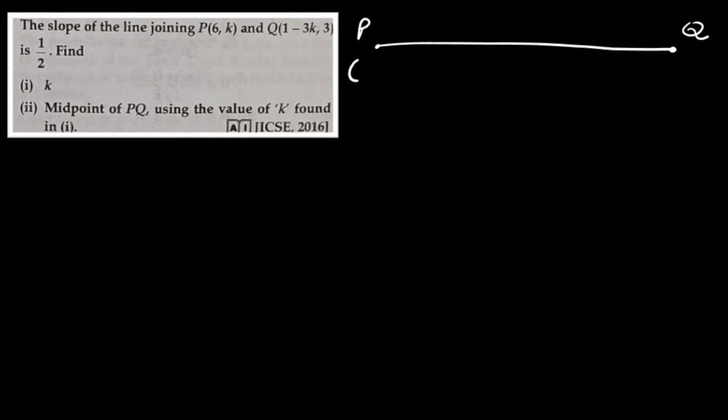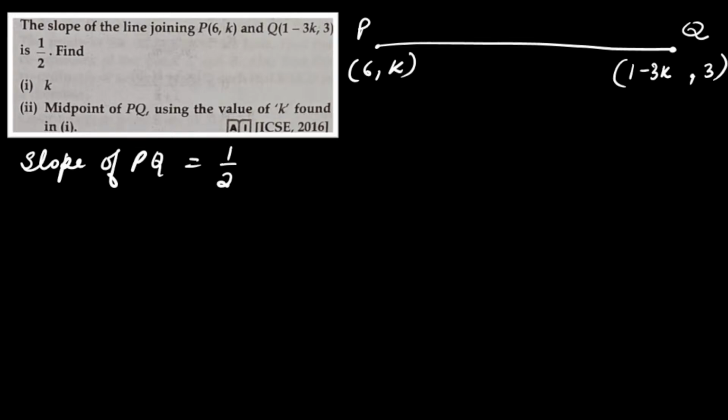Coordinates of P are 6, K and coordinates of point Q are 1 minus 3K, 3. So its slope is given to us. They have given us the slope of the line segment PQ. So what's the given value of slope? Slope of PQ is equal to 1 by 2.